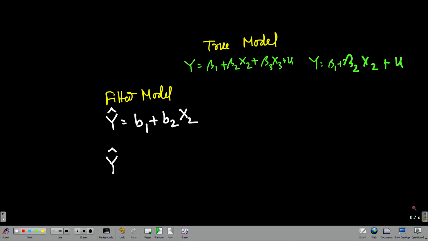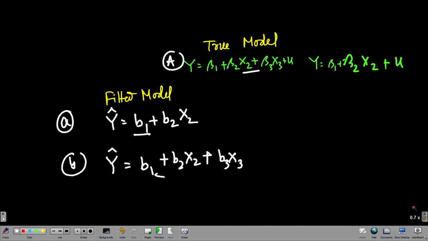This is one case. In the other case I got this model, b1 plus b2 x2 plus b3 x3. If this is the true model, and two students have got two different fitted models, this is fitted model 1 and fitted model 2.